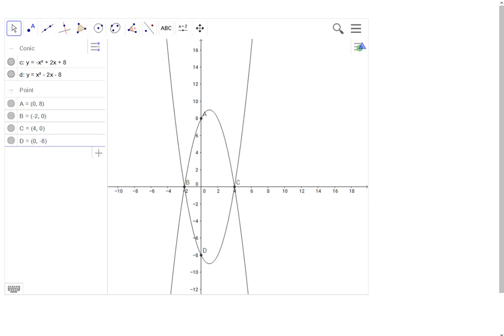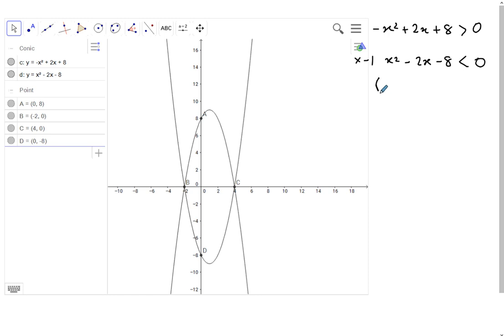All right. Now, if you get asked minus x squared plus 2x plus 8 is greater than 0. Again, let's multiply everything by negative 1, and we'll get x squared minus 2x minus 8 is less than 0.